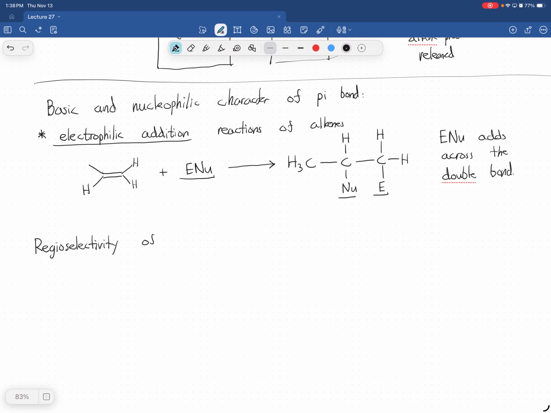So regioselectivity of electrophilic addition reactions of alkenes. The first thing we should mention is Markovnikov's rule.